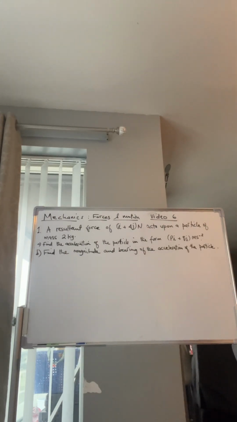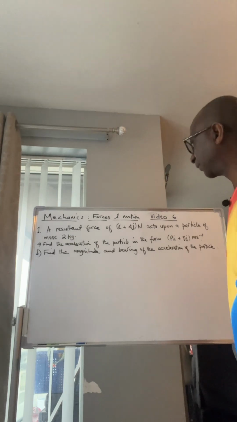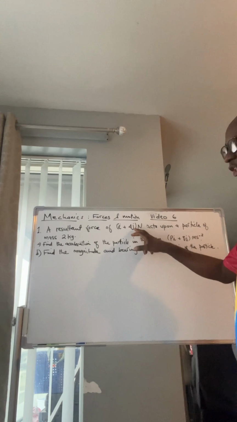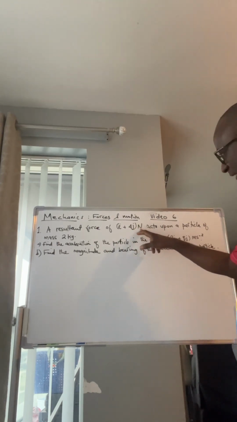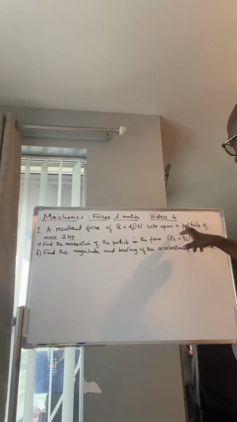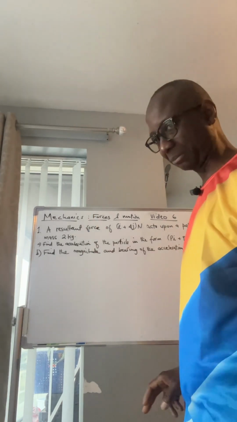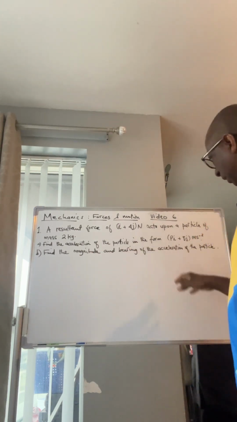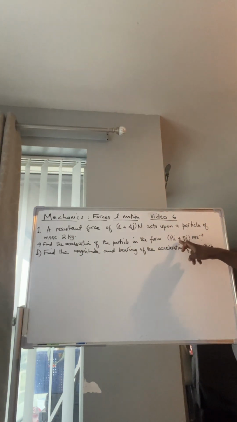The problem reads as follows: a resultant force of i plus 4j newtons, this is the unit of the force, acts upon a particle of mass 2 kilograms. Find the acceleration of the particle in the form pi plus qj meters per second squared.